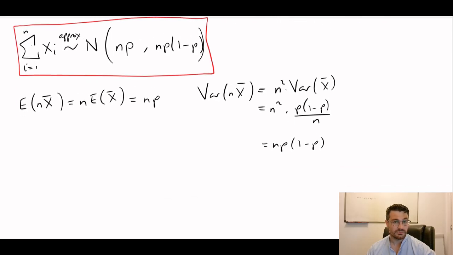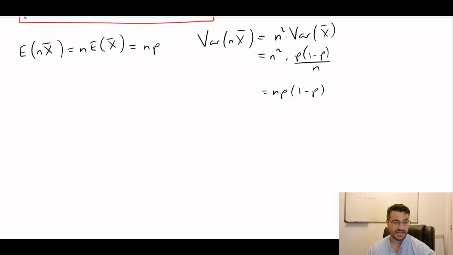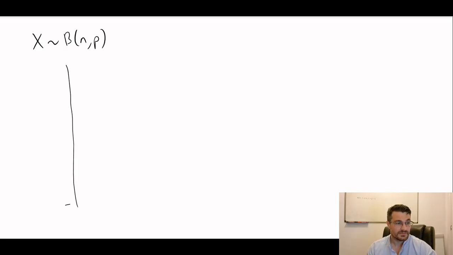Okay, so we're not quite done yet though, because as some of you will be aware, when we use the normal distribution, because a normal random variable is continuous, there's something called a continuity correction. Now, why do we use the continuity correction? Well, let's go for, again, x distributed binomially with parameters n and p. And let's zoom in on a particular outcome.